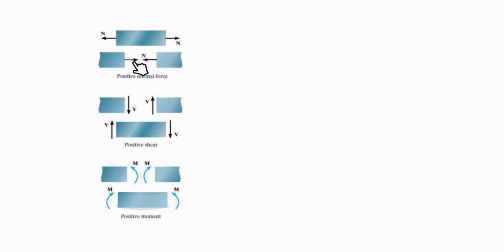The same story here. These two are positive. These are making tension, and just make this one elongated, increasing the length of this one, and that's what we name positive.